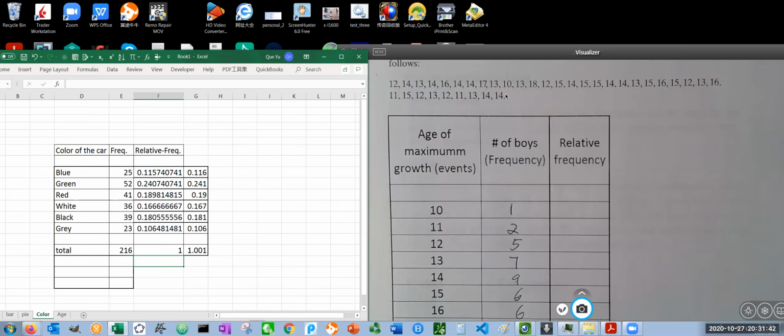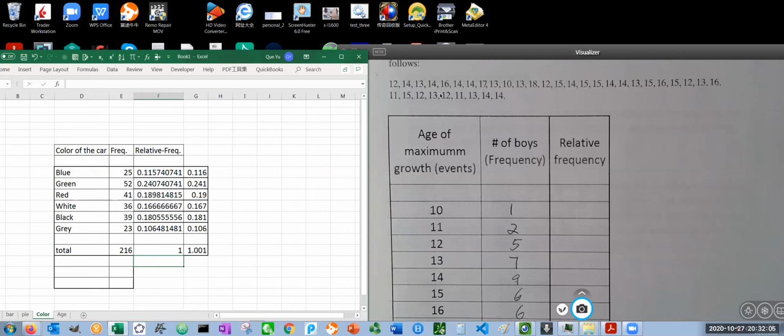Still good. And 15, 1 through 6. Still good. 16, 1, 2, 3.